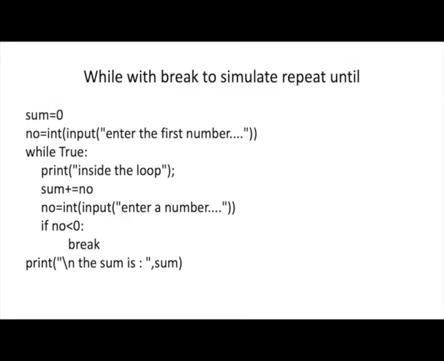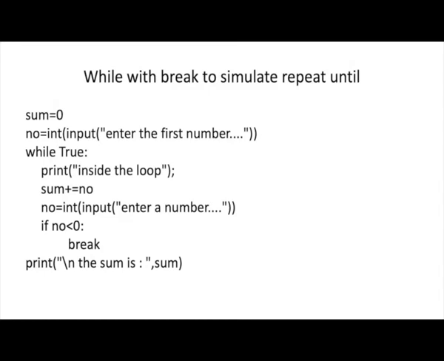Inside the loop we print and add the number to the sum. Then we get the next number from the user and check if the number is less than 0, that is, if the number is negative. If the number is negative, we break, else we go through the loop until the user enters a negative number, and once the user enters a negative number, we come out of the loop and print the sum.